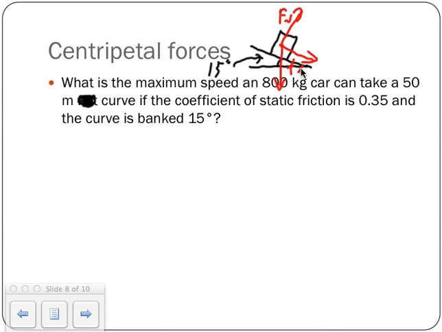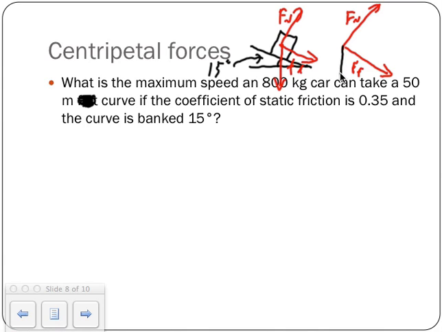Now, taking a look at this, the forces that go towards the center, there are actually two of them now. If we zoom in on this a little bit, we have a frictional force down this way. We have a normal force up this way. Both of these two forces are going to have components that go in the x direction, which is in the centripetal direction.